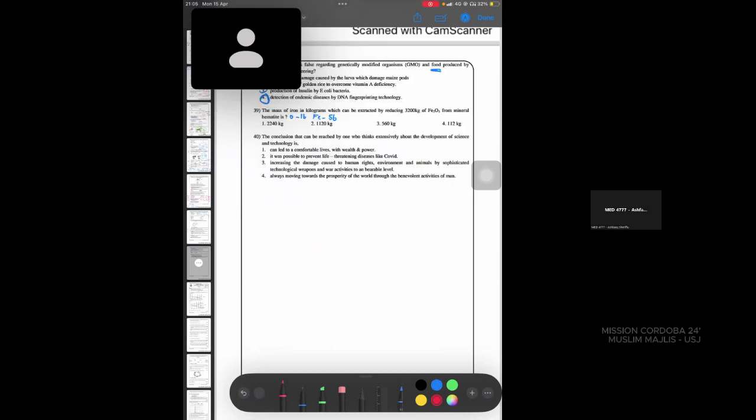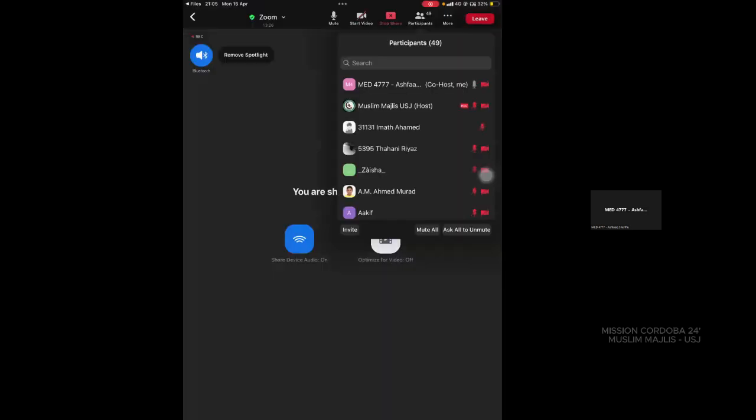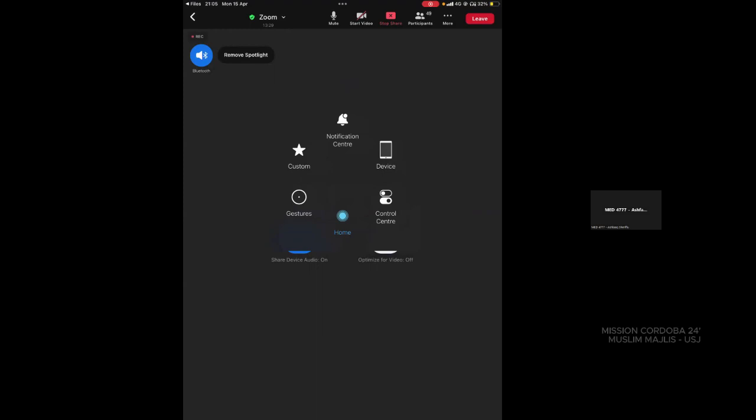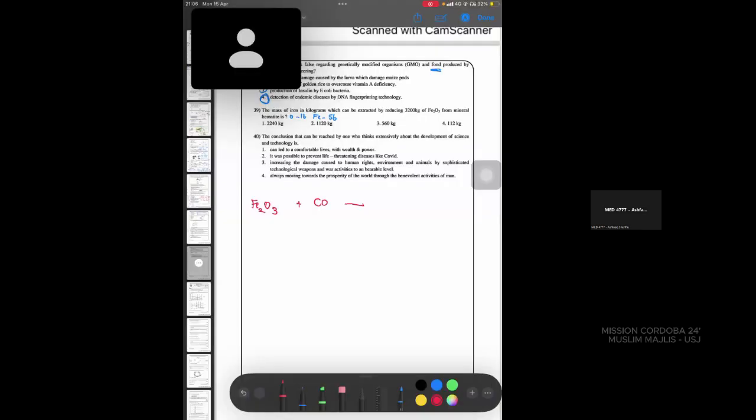Right, so without wasting time, the equation will be Fe2O3 reacts with carbon monoxide to give you Fe and CO2. It is better if you can memorize the balanced equation for this. It is in your textbook under iron extraction: Fe2O3 plus 3CO gives 2Fe plus 3CO2. If you can memorize this equation, it's very good. If not, you always spend a lot of time balancing this, which is a difficult equation to balance.